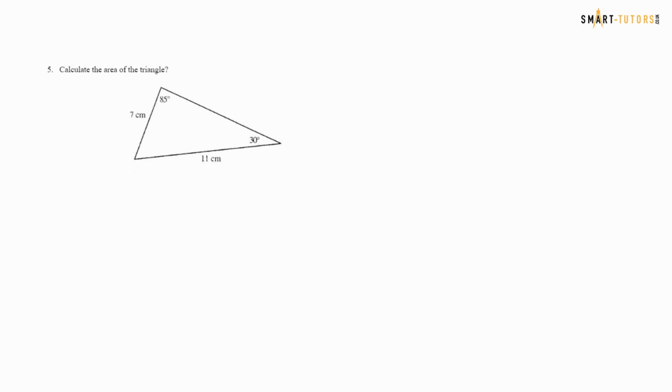Calculate the area of the triangle. In order to find the area, two sides are given, so this can be a and this can be b. My problem is we need the angle in between.